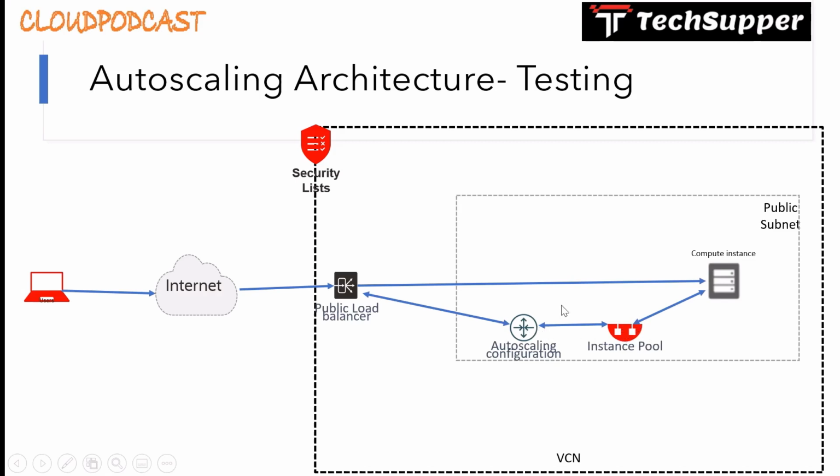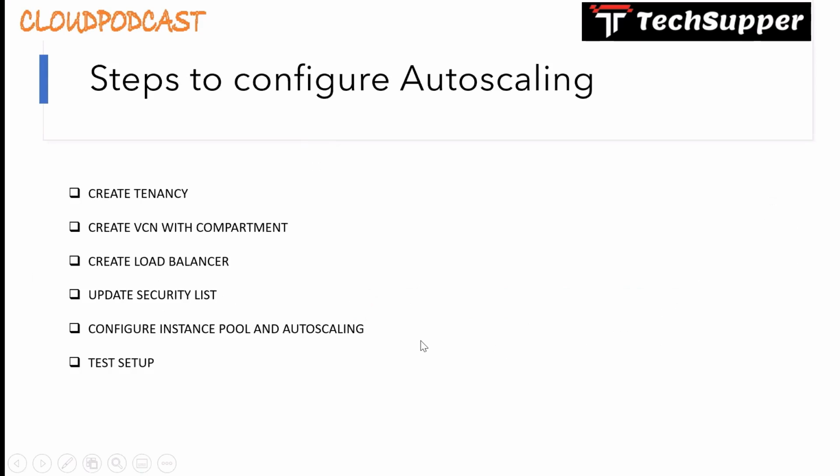And once the metric is down, it will automatically remove the additional instance from the pool and come back to the minimum configuration that we have set.